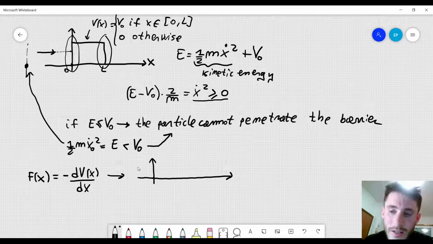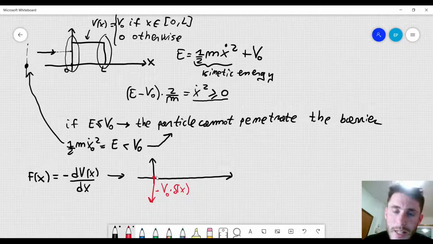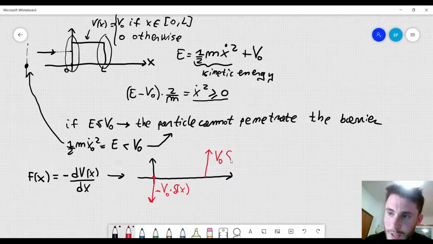So we will get some infinity here, and in particular we will get minus V0 times the Dirac delta of x, because when we consider the derivative at x equal to 0, we have a step. When we consider the derivative of a step, there we will get a Dirac delta, and with a minus sign because of this here. Also, we will have a positive Dirac delta here equal to V0 times delta of x.